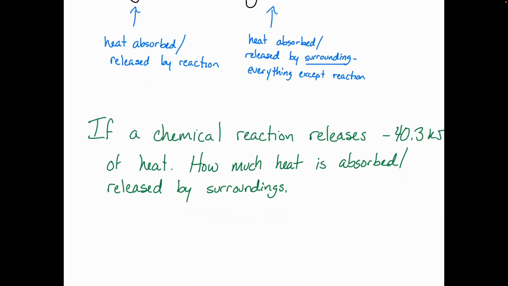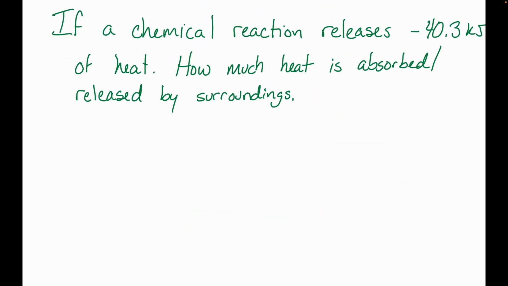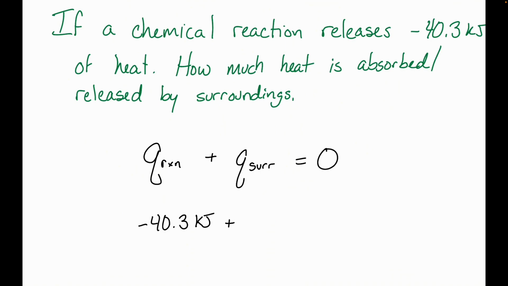All right, so we're going to use this equation where our Q reaction plus its surroundings have to be equal to 0. Well, my Q reaction is that negative 40.3 kilojoules. So then what must my Q surrounding be? What would I add to negative 40.3 to get me to 0?